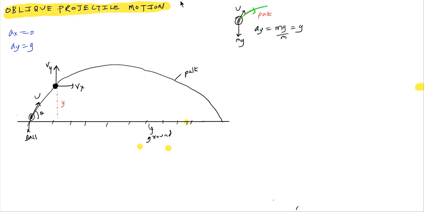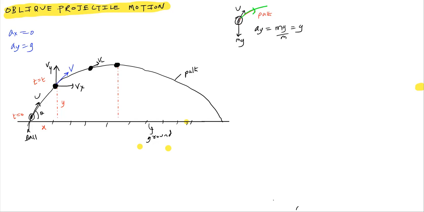Let me call it y, and it will be at a horizontal distance x. At t equals 0, we have projected. At any time t, let it be here. And here it will have the velocity v. The velocity v will be directed tangential to the path. After some time, it will ascend to the highest point. We'll call this the highest point. The ball will move in a curved path here.